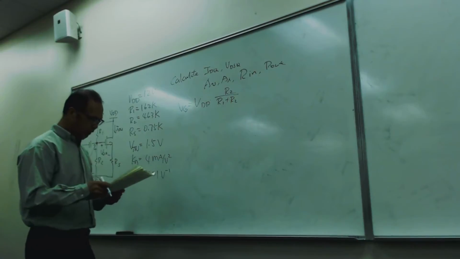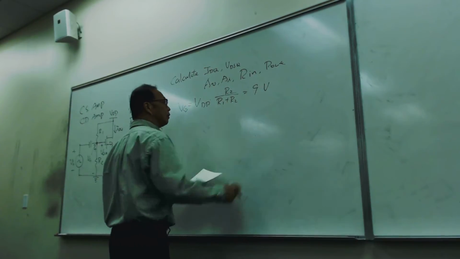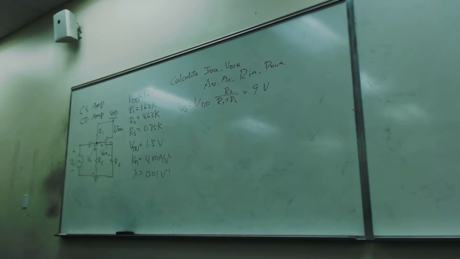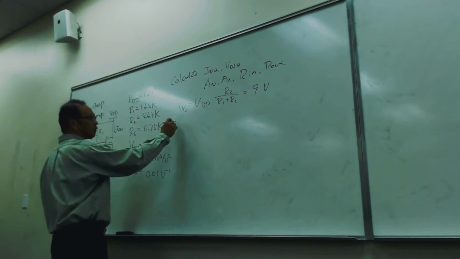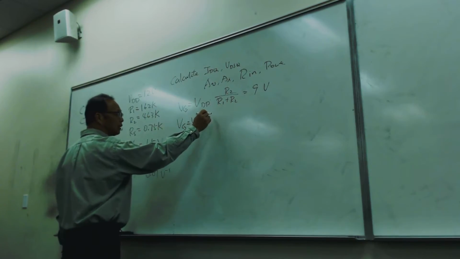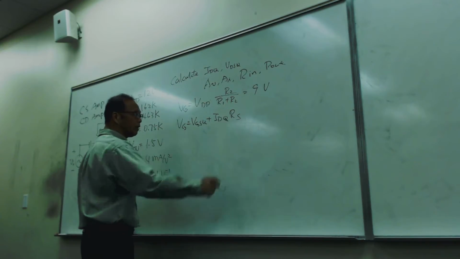Okay, and that will be about equal to 9 volts. Then we go around the loop. E sub G equal to VGSQ plus IDQ R sub S. Right?